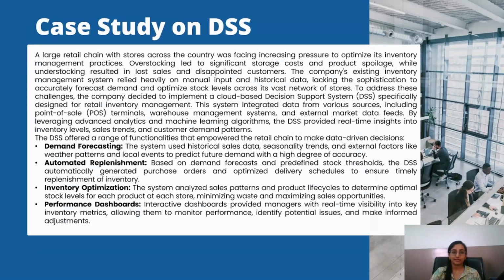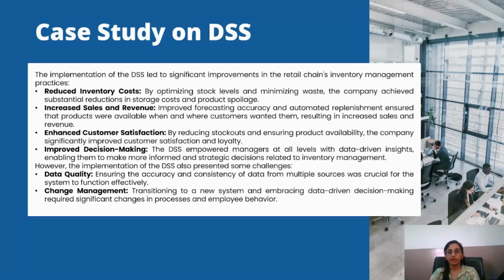The new DSS integrated data from various sources using advanced analytics to forecast demand, automate replenishment, and optimize stock level across all stores. This resulted in reduced inventory cost, increased sales, and improved customer satisfaction.